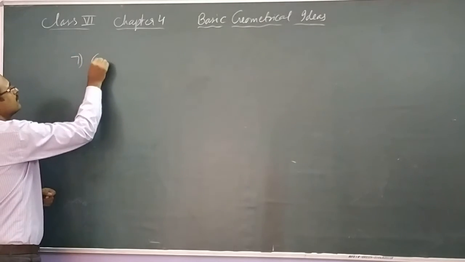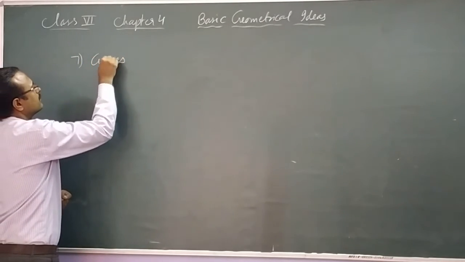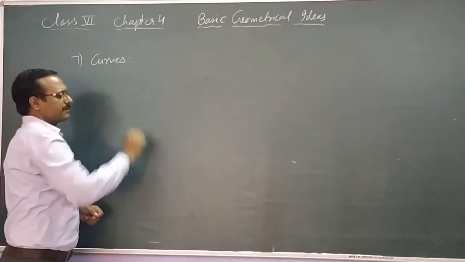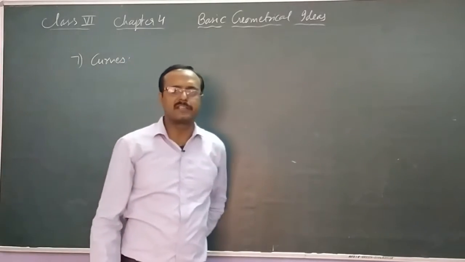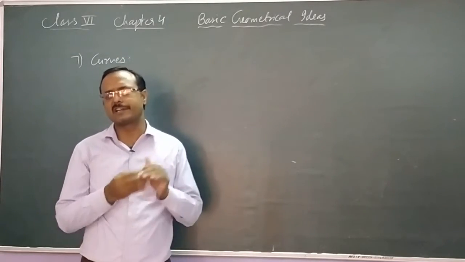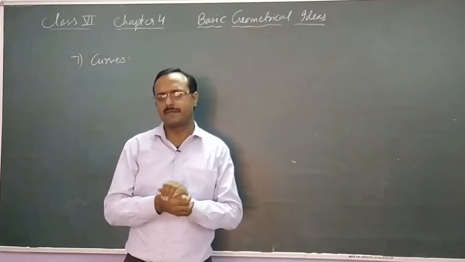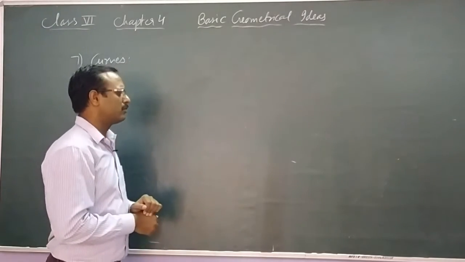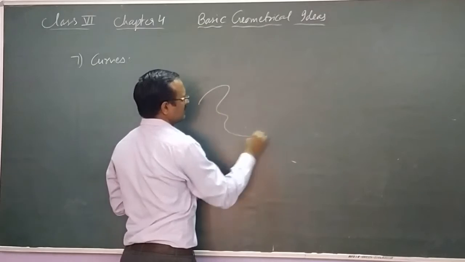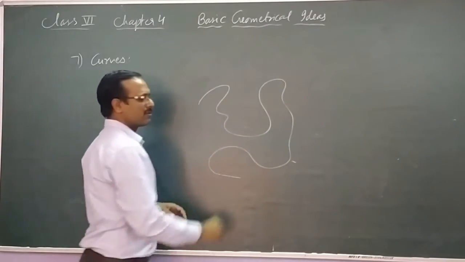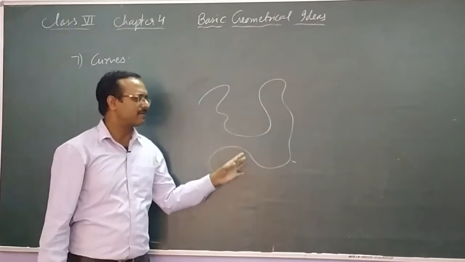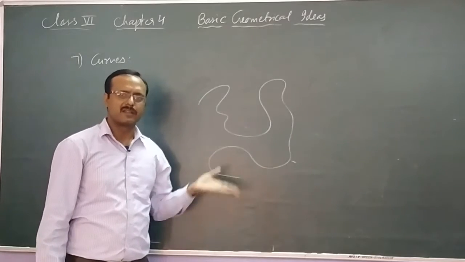Next is curves. So what are curves? Till now we have been drawing straight lines. But if I draw randomly or doodle on the surface like this, or randomly draw anything, this type of diagram is called a curve.